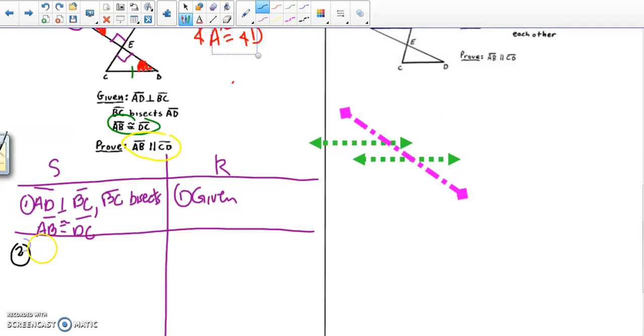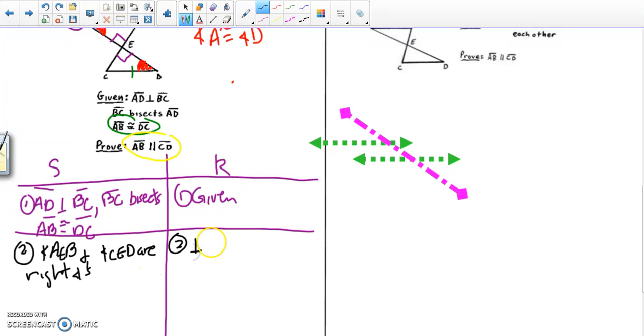So naming our angles very carefully, I'm going to say angle AEB and angle CED are right angles.